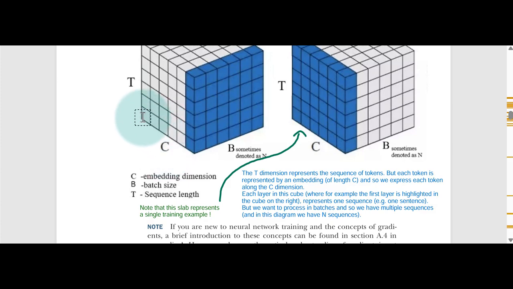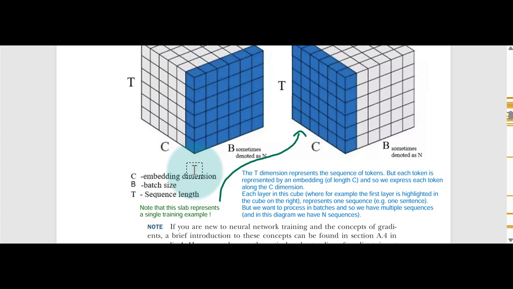We have the embedding dimension that's called C. It's kind of a holdover from working with convolutional neural networks, where this was the number of channels. For some reason, they didn't bother to change this to D for dimension or embedding dimension or something like that, so they use C here. It's not so great, but that's why they use C.